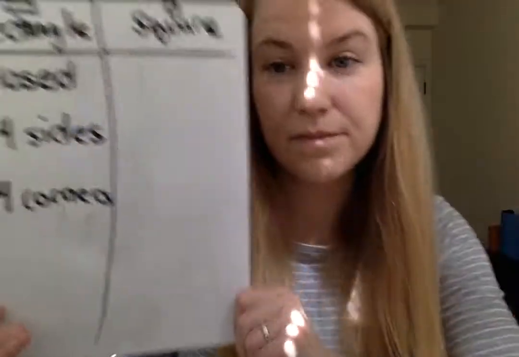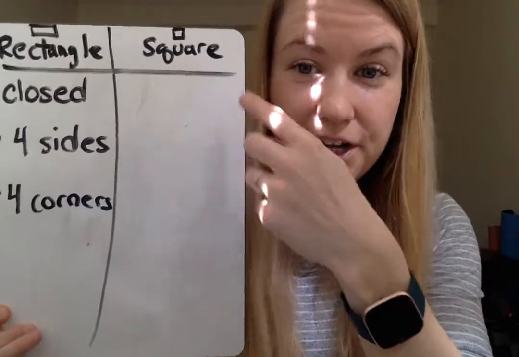Now, if we were to go ahead and define a square, we would also say they must be closed. They must have 4 sides. They must have 4 corners. All sides are equal. I'm just writing all sides equal in note form.